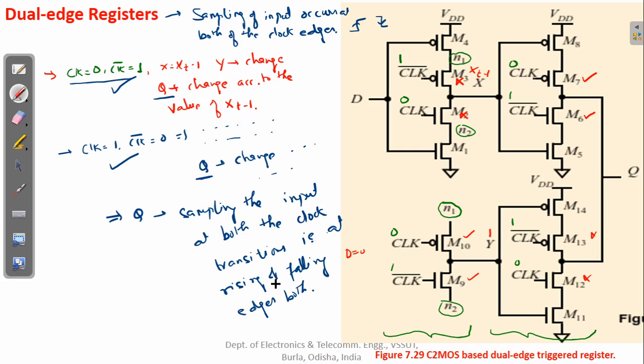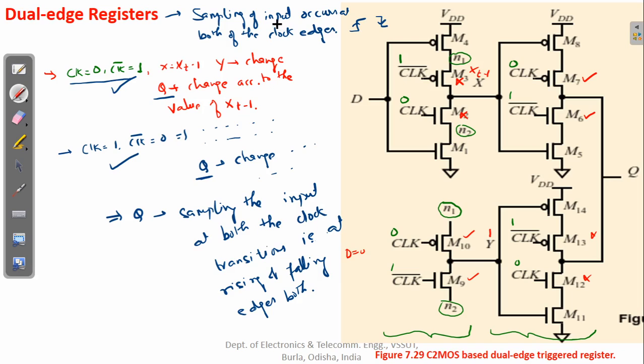So the action is occurring at both the rising as well as the falling edge. Okay, and that's why it's called a dual edge triggered register, dual edge registers. So here both edges are being utilized to sample the input signal value through the output node.